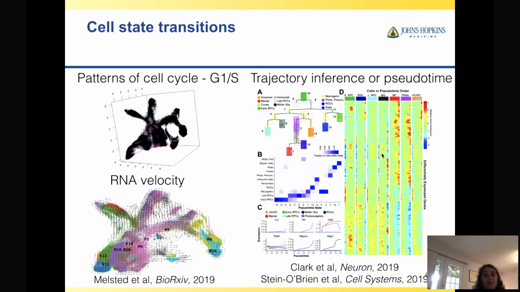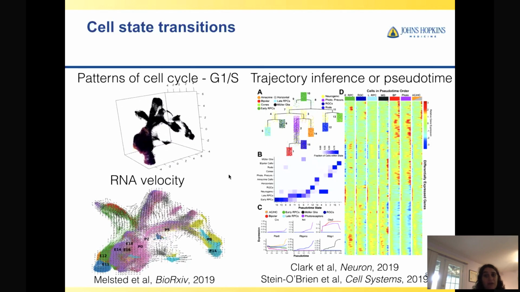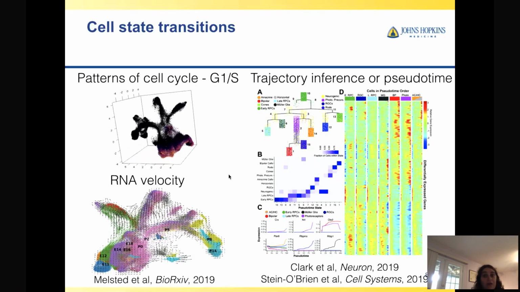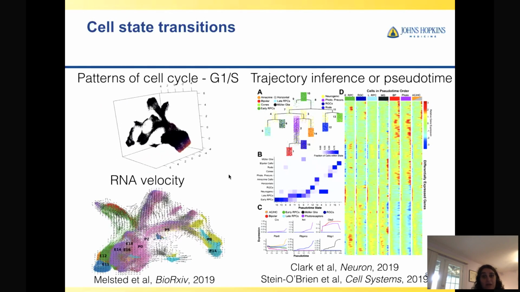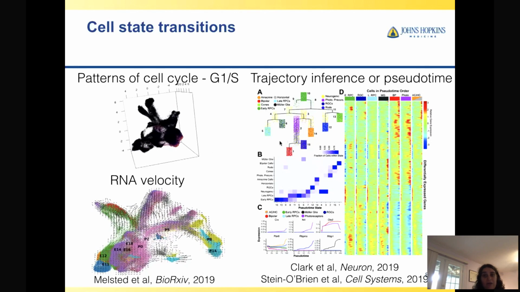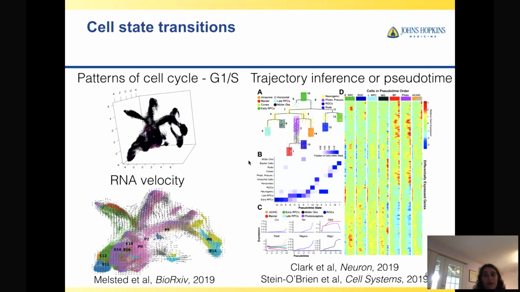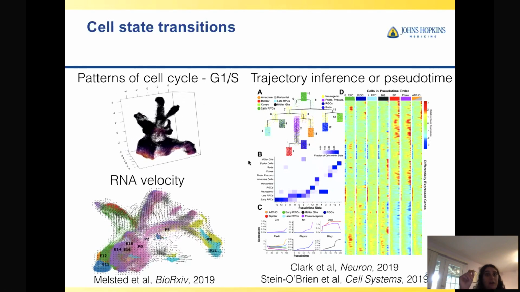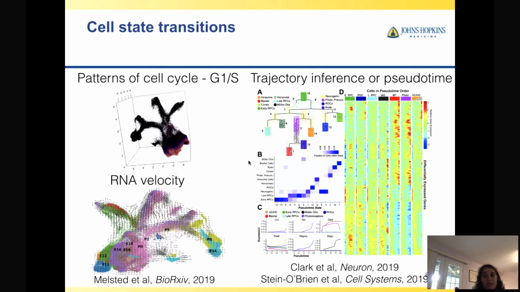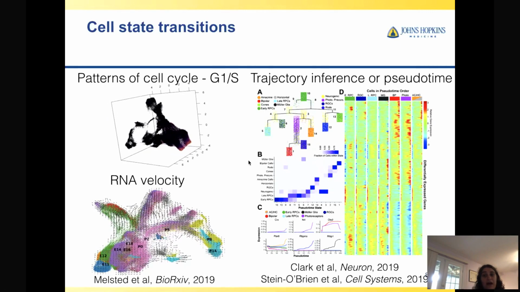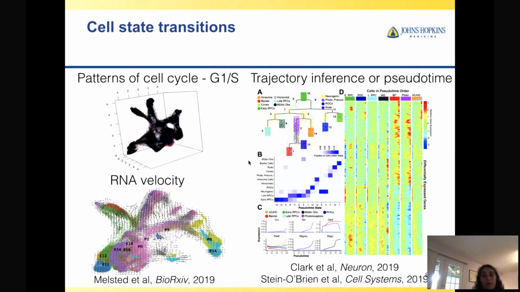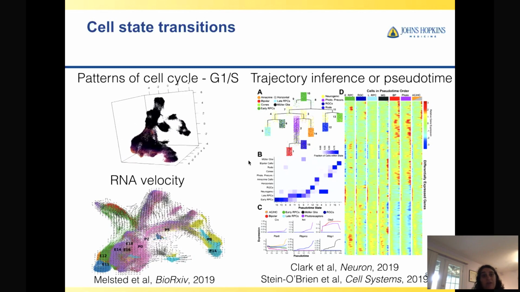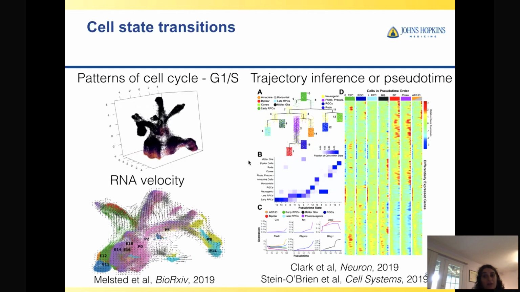The other idea that's commonly used is trajectory inference or pseudotime, where the concept is, if we know the mature cell types occurring in these clusters, can we look at how far cells are from each cluster to figure out how they're changing over time and order the cells? So these are all three different metrics of figuring out what the cell state transitions are.